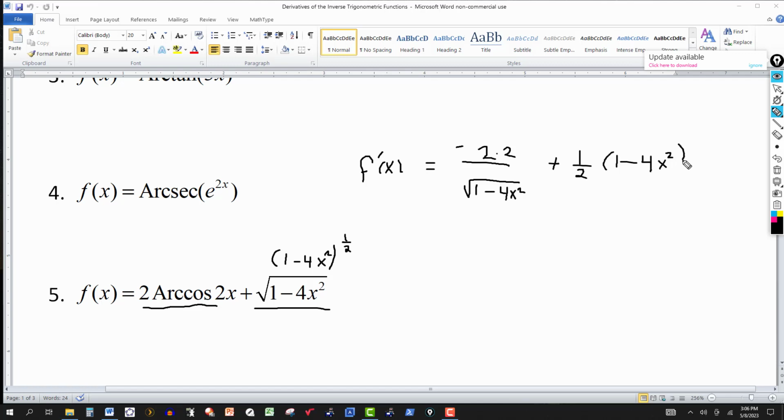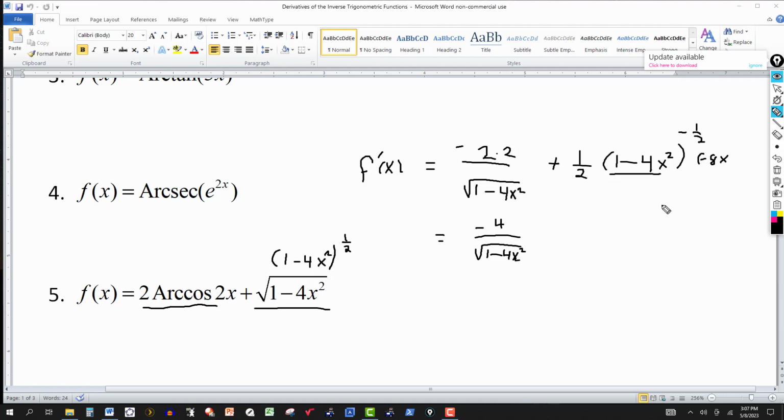And then we take the derivative, subtract 1 from the exponent first, so 1/2 minus 1 is negative 1/2. Change rules, so I take the derivative of what's inside here in the parentheses. This will give me minus 8x. So we just simplify here. This is minus 4 over the square root of 1 minus 4x squared.